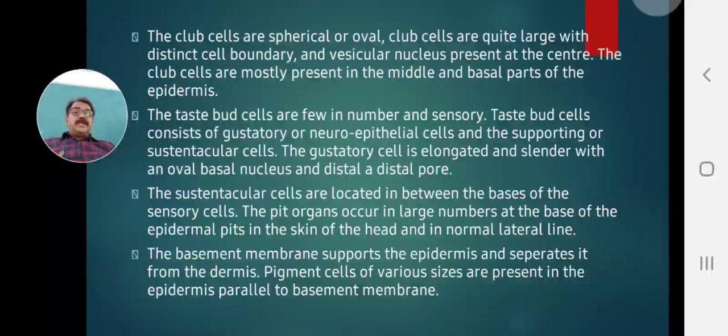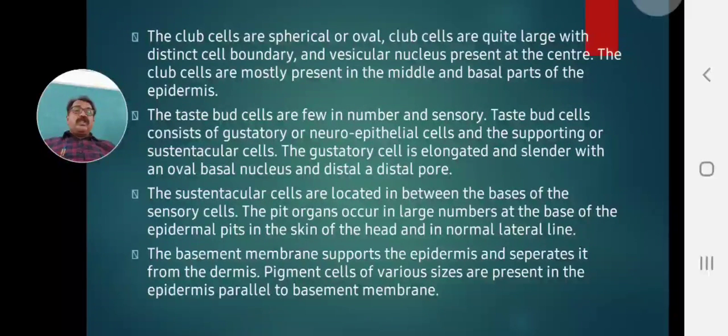The gustatory cell is elongated and slender with an oval basal nucleus. Nucleus is present, but which type of nucleus?